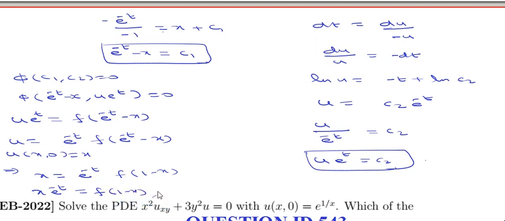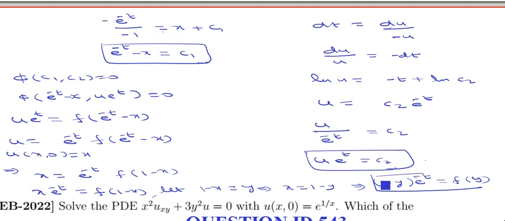So now let 1 minus x be equal to some other variable y. So this implies x is equal to 1 minus y. So from this we can replace x with 1 minus y, so 1 minus y equals f of y. Therefore f of y equal to 1 minus y.